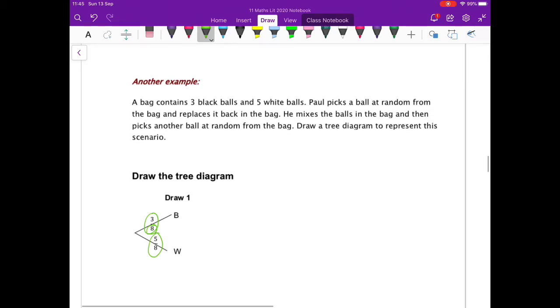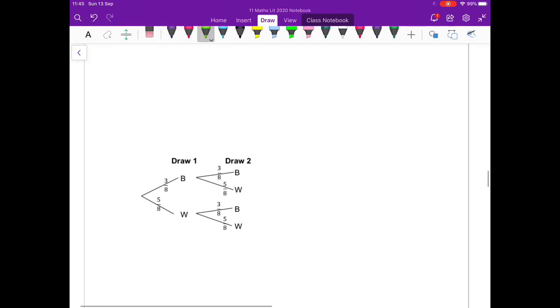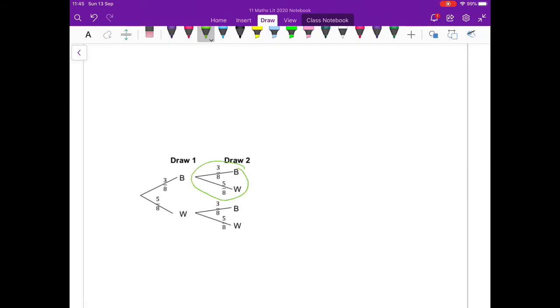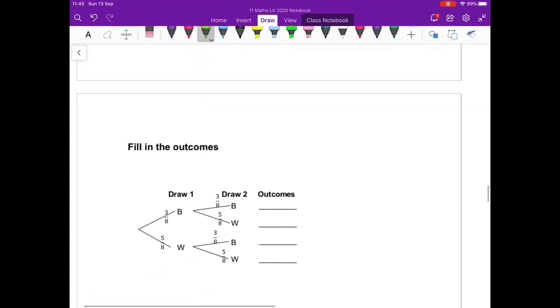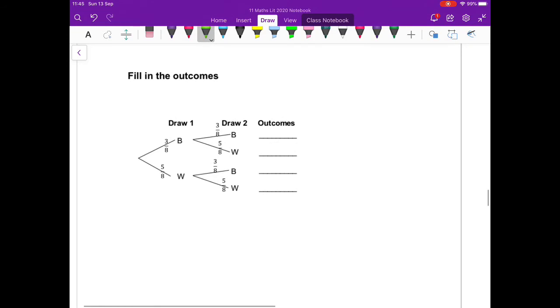But then he draws a second time. So all we do is we repeat that on the first branch. And remember, what you repeat on the first branch, you repeat on the second branch. So he's done a draw 2. The next thing we have to do is fill out the outcomes.